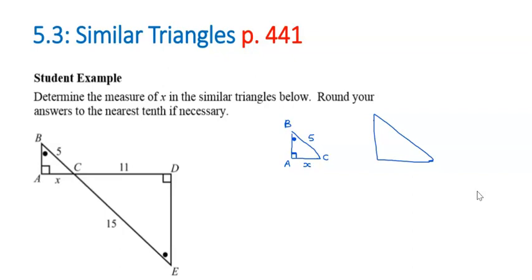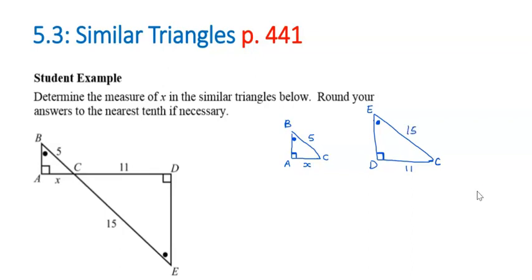The dot will go up in the same position as the small triangle, and the dot side is E. The right angle will go in the same way as the small triangle, and the right angle is labeled D. C is in the same position as the small triangle, and the length between C and D is 11, and the length between E and C is 15.